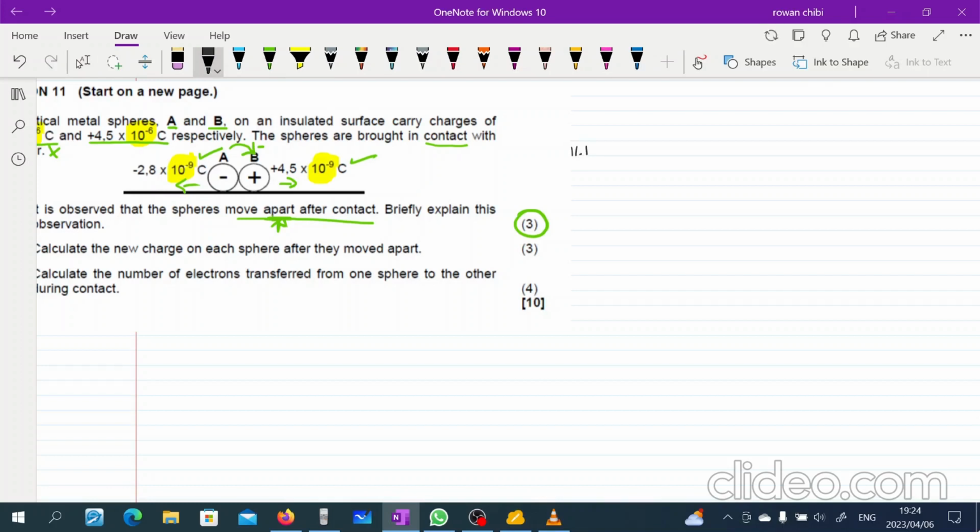So 11.1 we said, what's going to happen first?